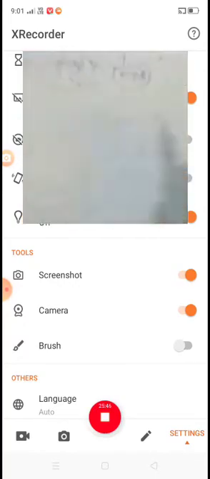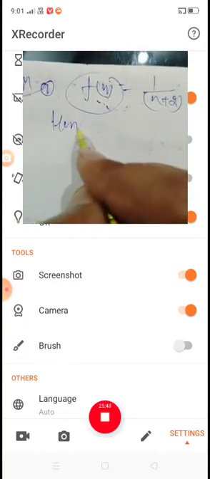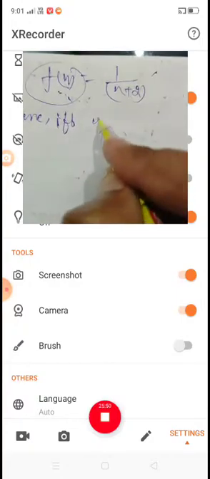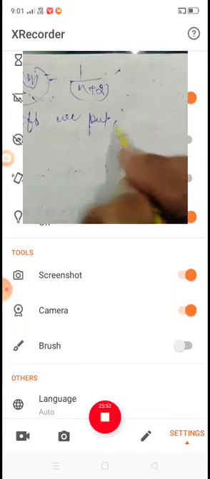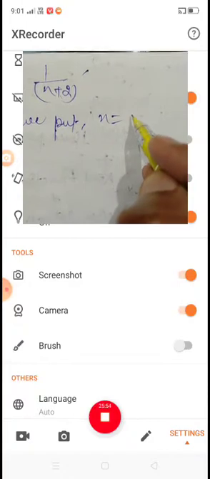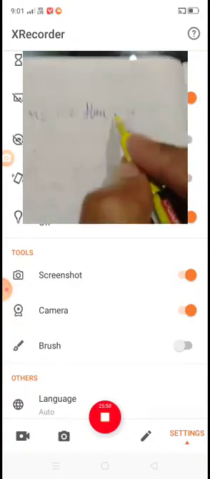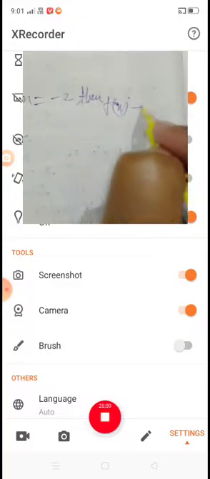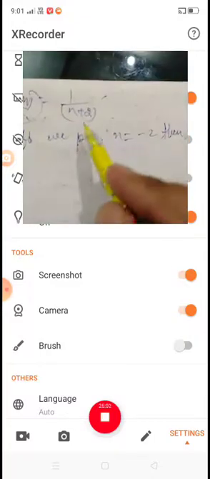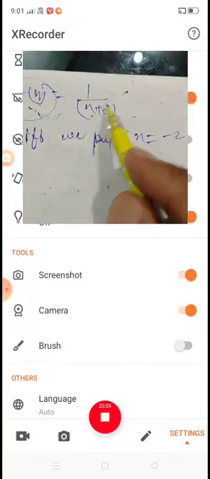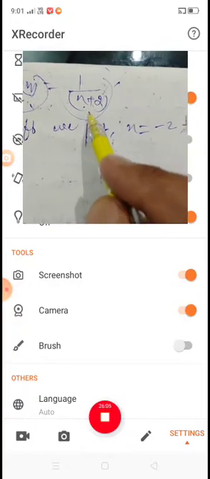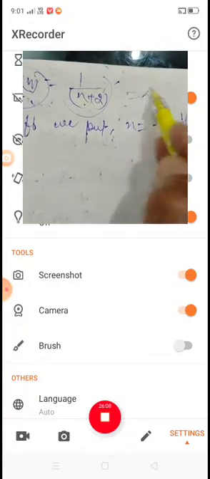But if we put x equal to minus 2, then the given function is not defined, because the denominator is 0.